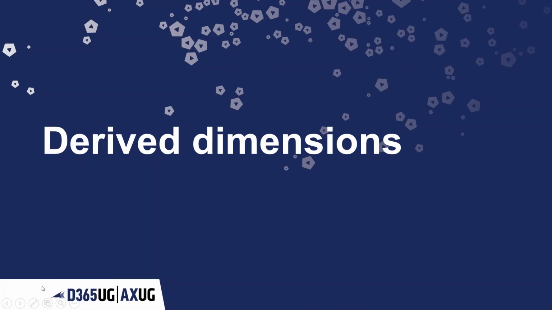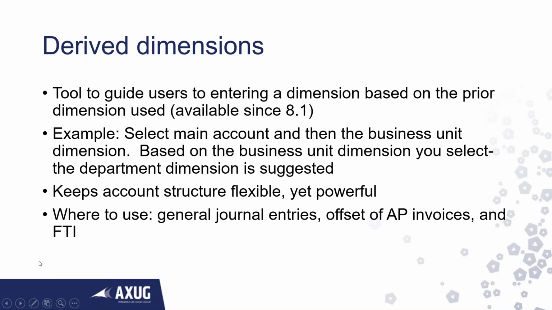And so the first thing we're going to talk about is derived dimensions. Derived dimensions is a new tool that came out in D365, and it's been available since the 8.1 update, which if you're on D365, you probably had to move on from already, and maybe some of you are on 10.0.